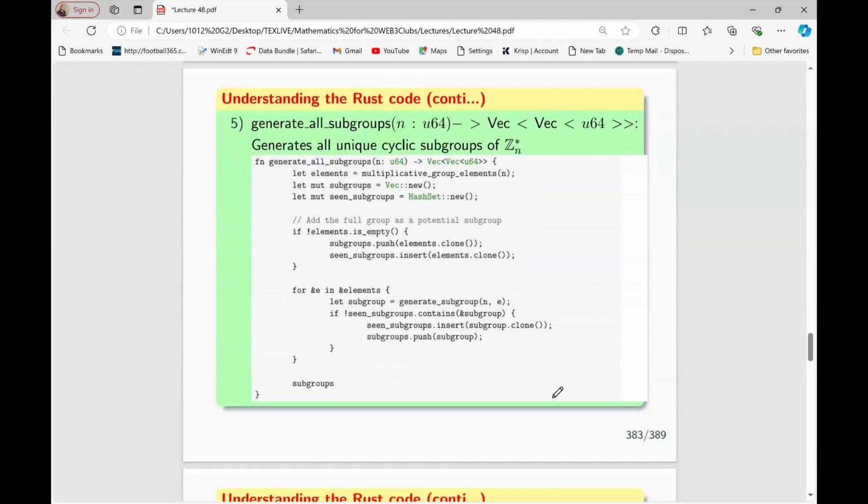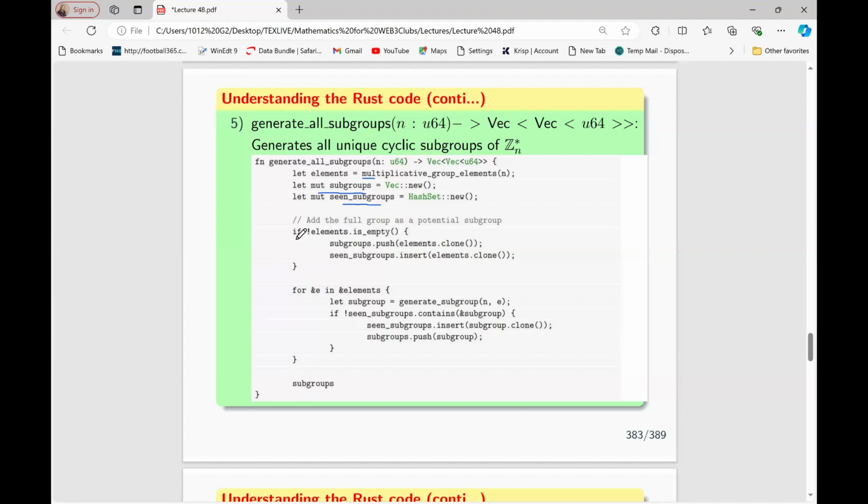Now, generate all subgroups is here, and I've already explained what it does. First of all, it calls on the multiplicative group elements function that gives it all those elements that make that group. And then let mutable subgroup, it opens that empty vector for storing the subgroups. Then there's this same subgroups hash set, and I said what a hash set does.